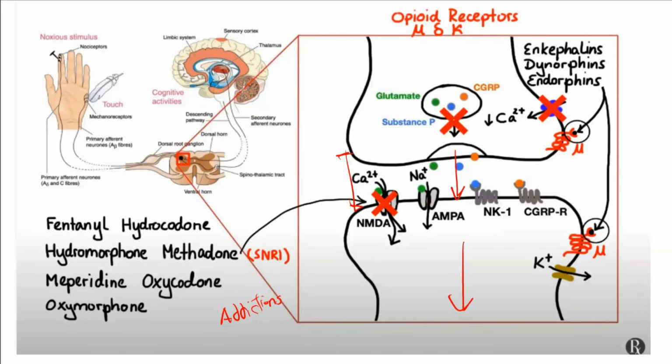This is mediated by two really important neurotransmitters. The first one's called glutamate. Glutamate is the most important central nervous system excitatory neurotransmitter.